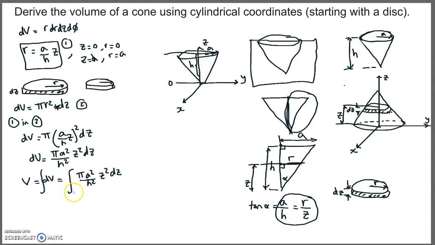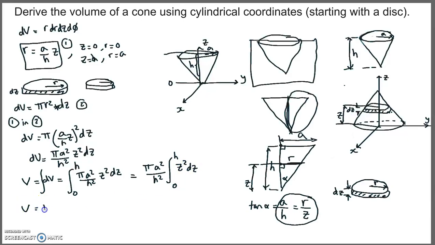So the limits of the integral are from 0 to h. All of these are constants, so we can take them out of the integral. So it's pi a squared divided by h squared, the integral from 0 to h of z squared dz.